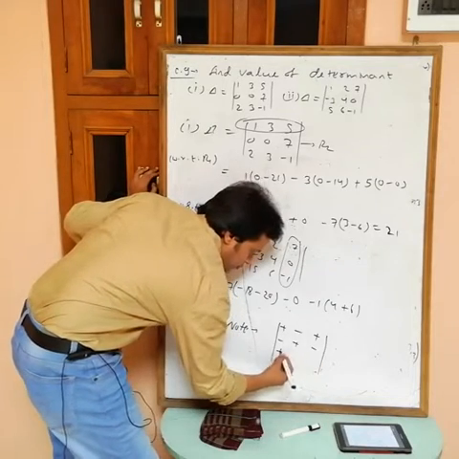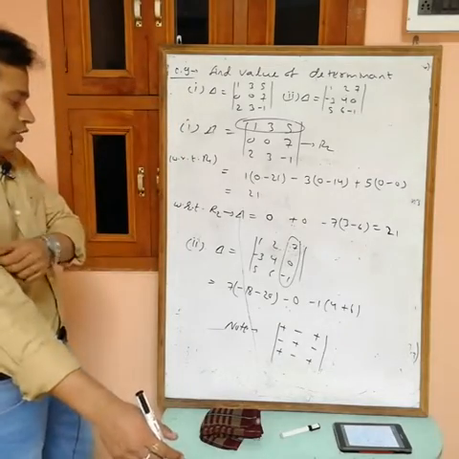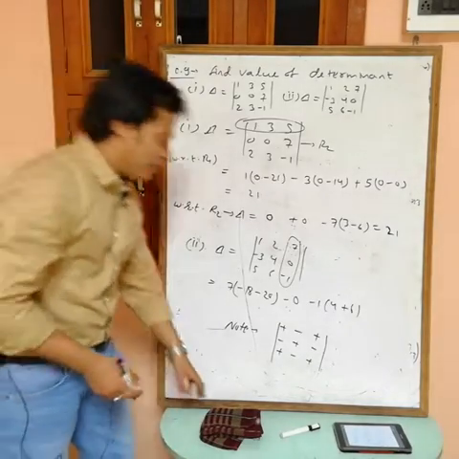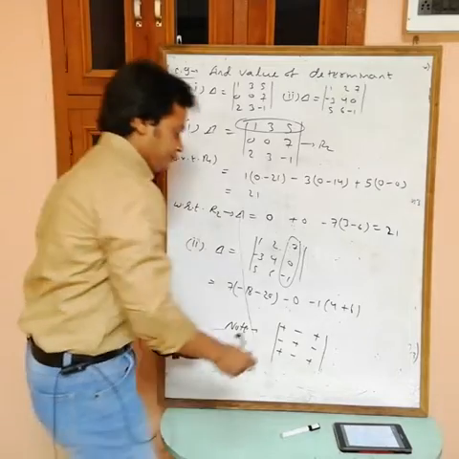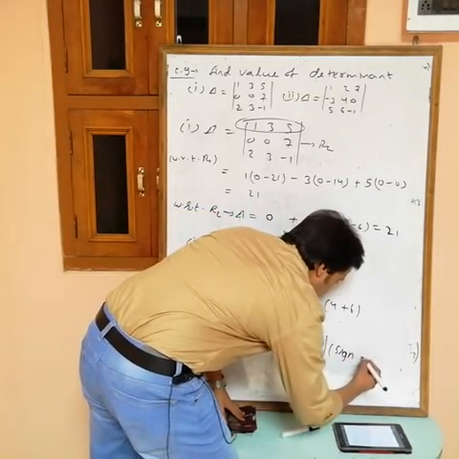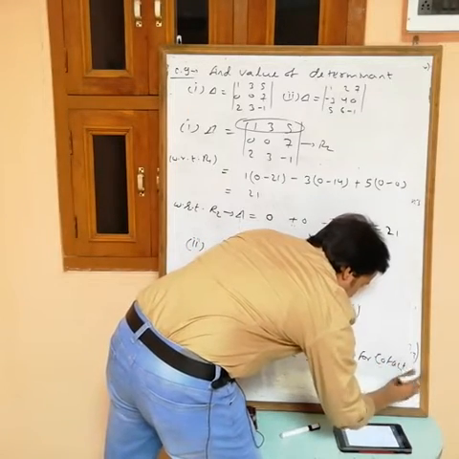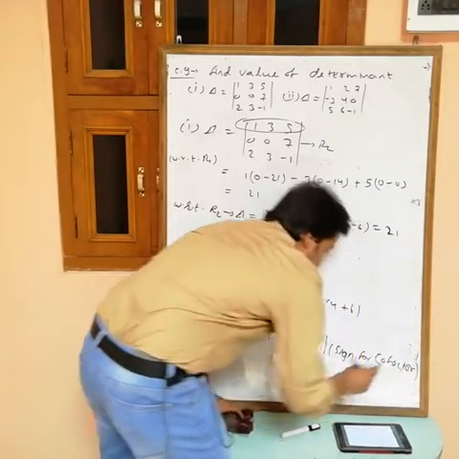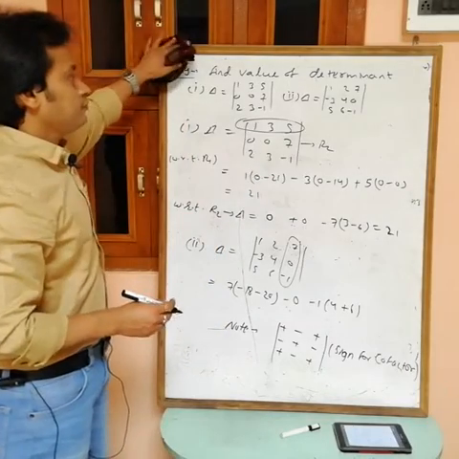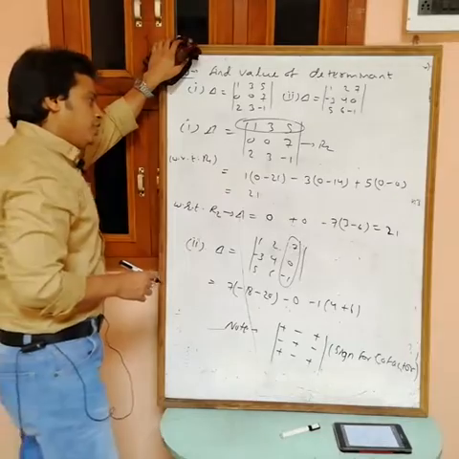Plus minus plus, minus plus minus, plus minus plus. These are the signs for cofactors, applied after finding the value of the minor. So we can easily find the value of the determinant.